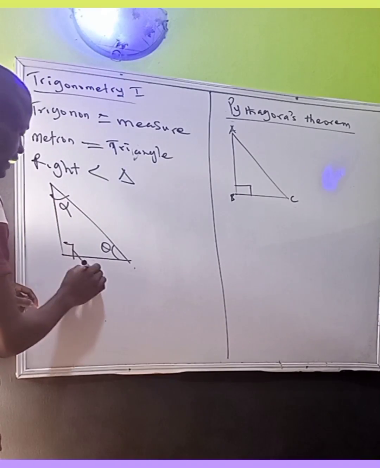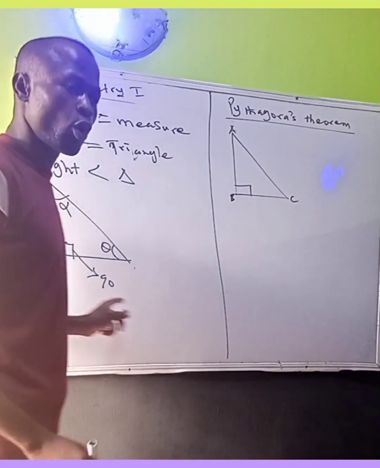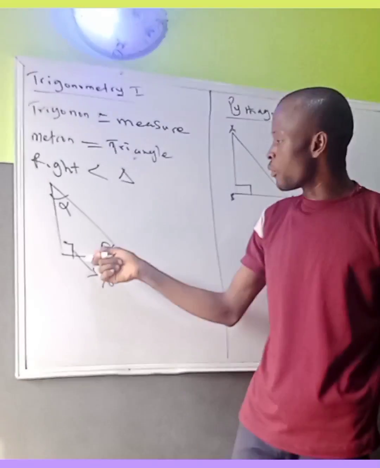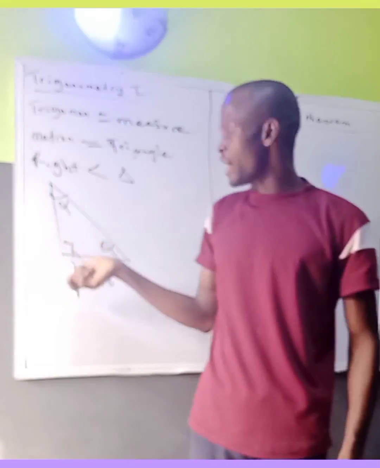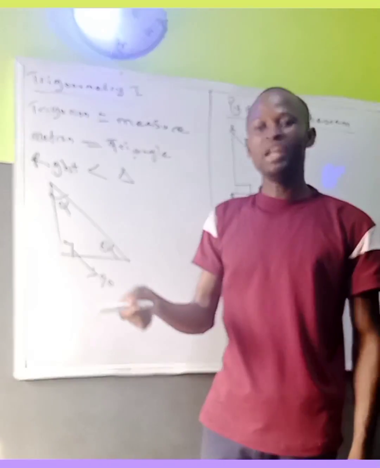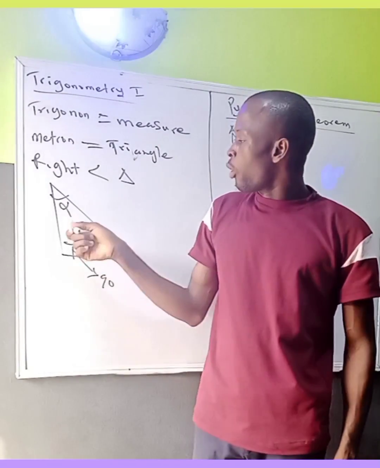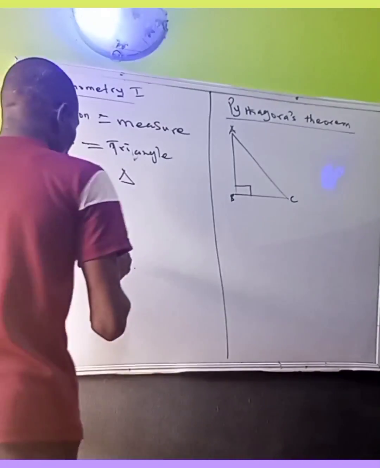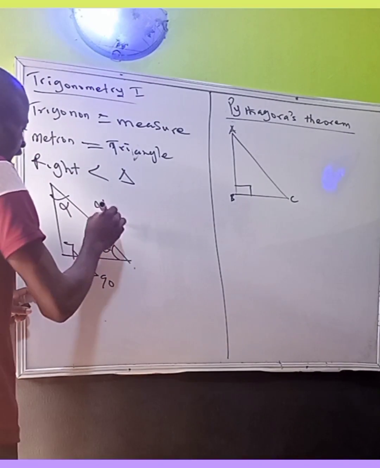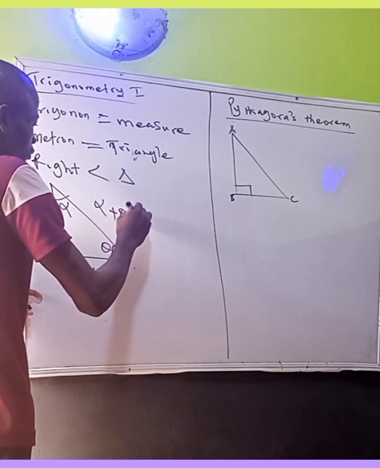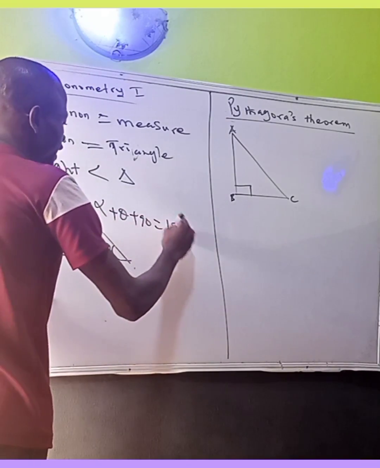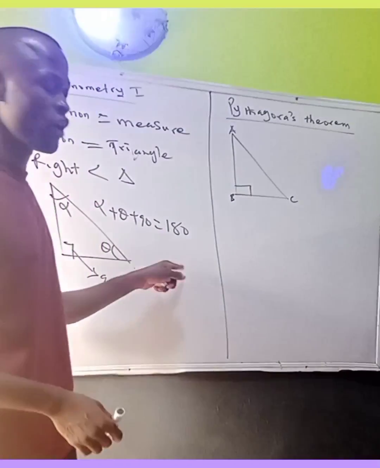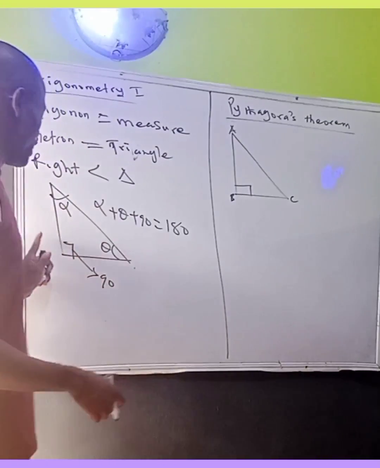So this is exactly 90 degrees, and this is called a right angle triangle. An interior angle is an angle inside a triangle or a plane shape. So alpha plus theta plus 90 equals 180 degrees. The sum of the interior angles of a triangle is equal to 180 degrees. That is what we need to know.